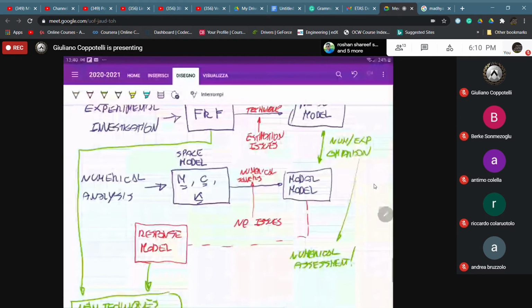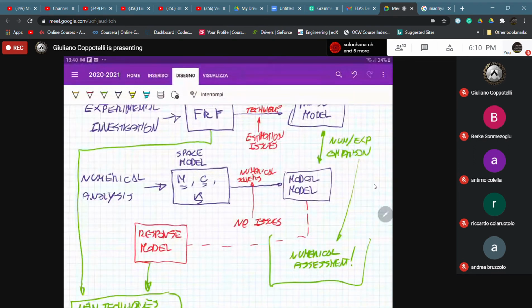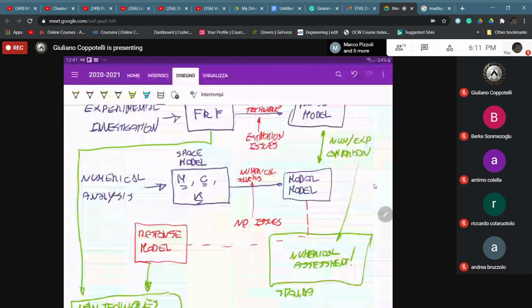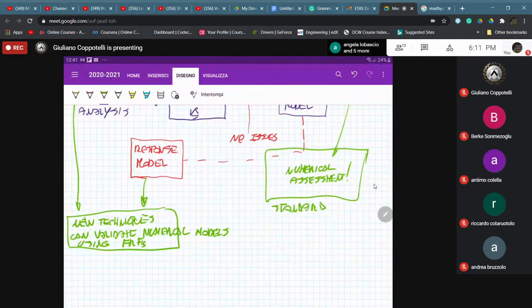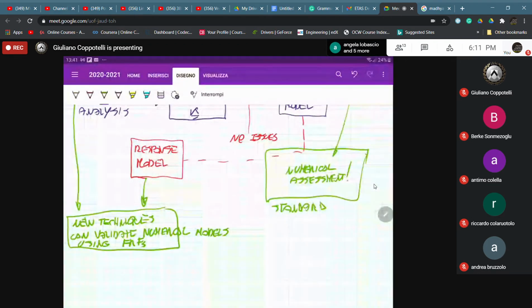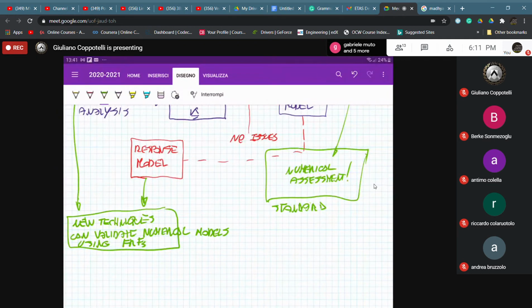So generally, the numerical model is validated from the comparison of the model parameters, standard technique. Okay, and this is the new technique. Okay, now let's see how we can compare modes.